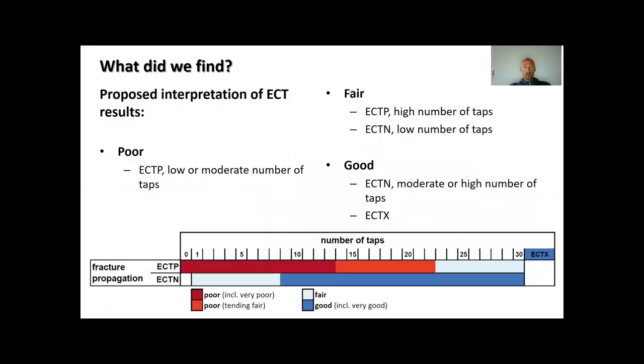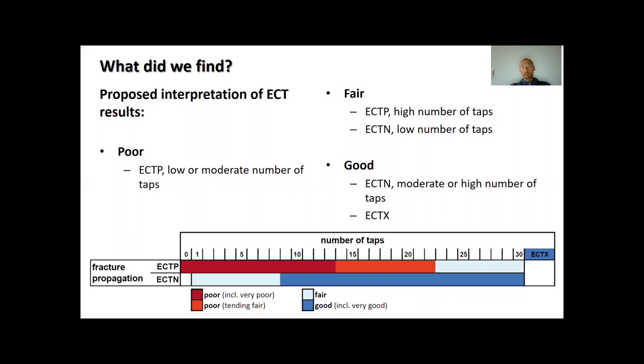From this, we can now propose a new interpretation scheme for ECT results. We try to keep it simple, and we suggest 3 classes. For ECT results, poor stability should be considered when an ECT propagates and the fracture initiates with a low to moderate number of taps.